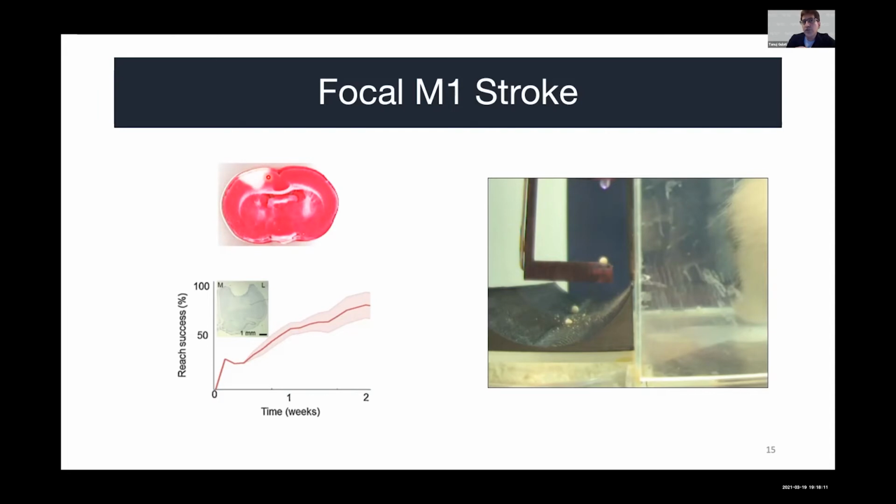So we shine the light over the digits area of the hand, and we see deficits. But slowly there is recovery. The animals do tend to recover, but there is huge variability. Some of the animals have a more chronic deficit in the sense that they don't end up recovering on this task. So let me also play a video here of a stroke rat.